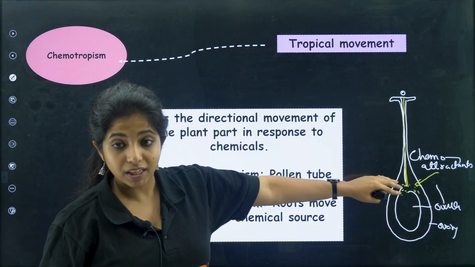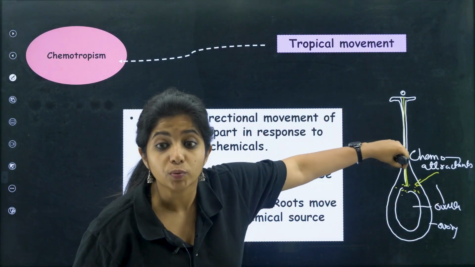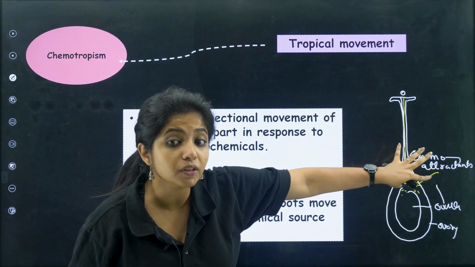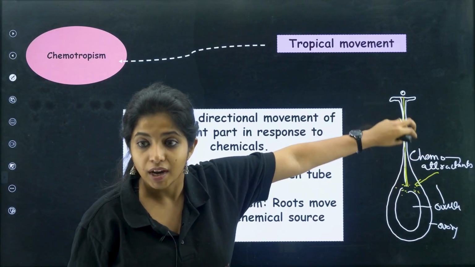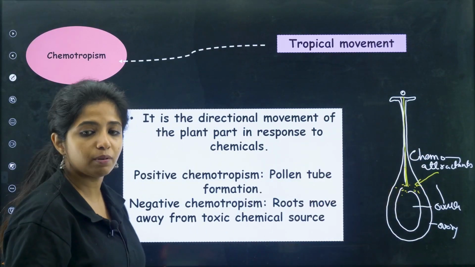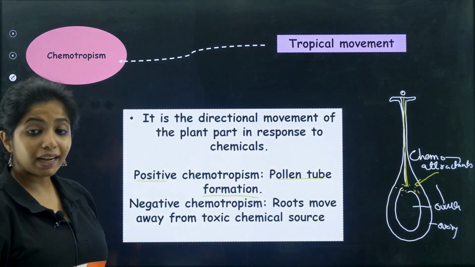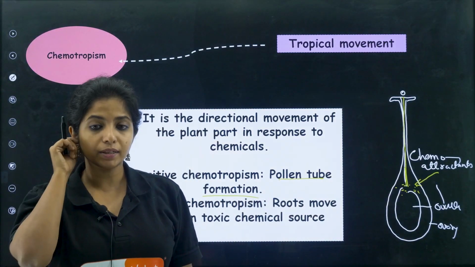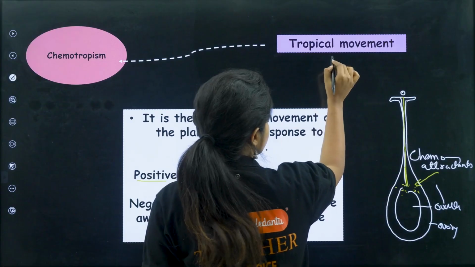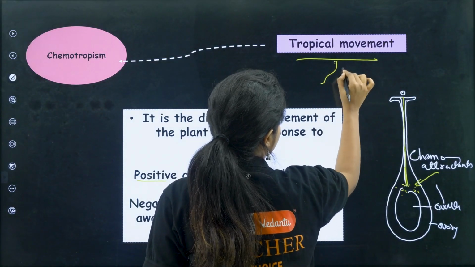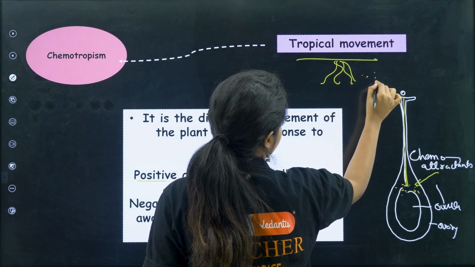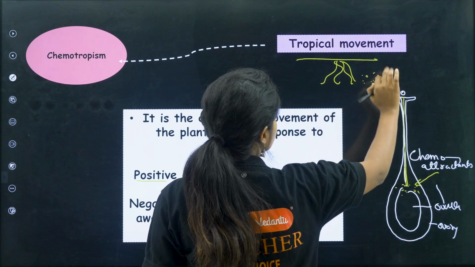So over here you see the pollen tube is moving towards the chemical. So is it positive or negative? It will be positive. It is moving towards the stimulus, so it has to be positive. So positive chemotropism is shown by pollen tube formation. Negative chemotropism, for example, is seen in roots. Inside the soil, these are the roots, and I am putting certain chemicals over here. Do you think that the roots will grow that side?